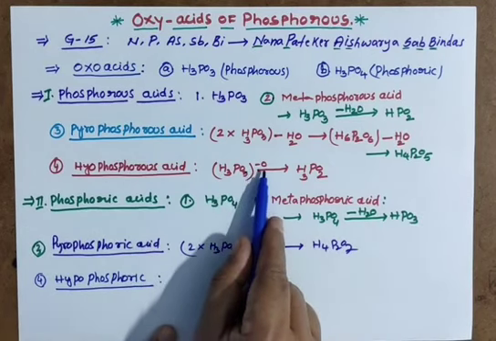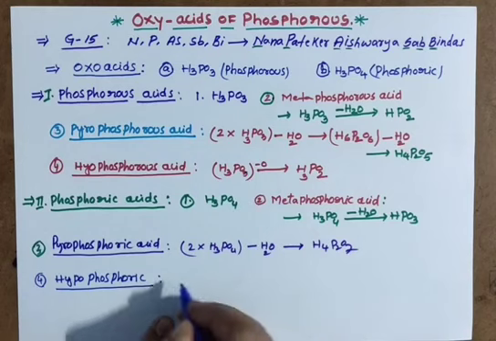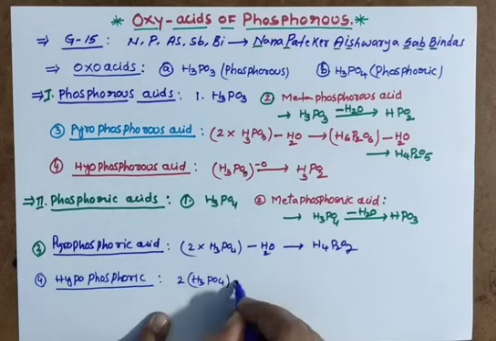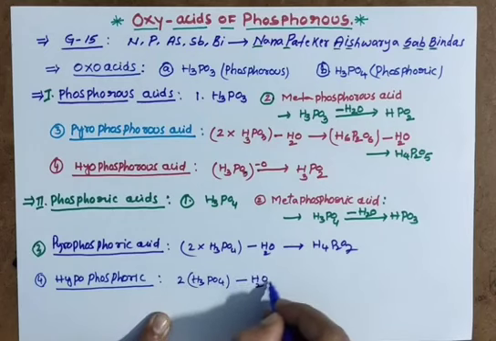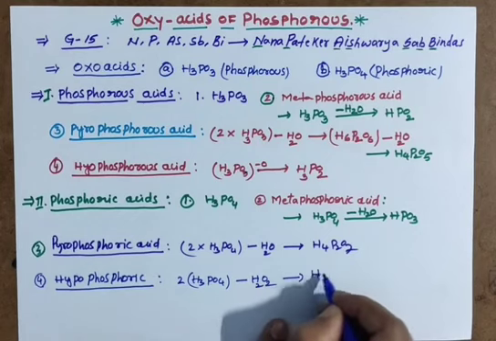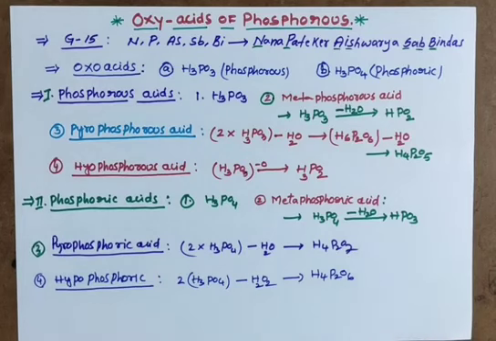We removed one oxygen from the basic unit, but here there is a little difference. Simple, you have to do that: 2 into phosphoric acid minus H2O2. Then you get H4P2O6. This is the trick.